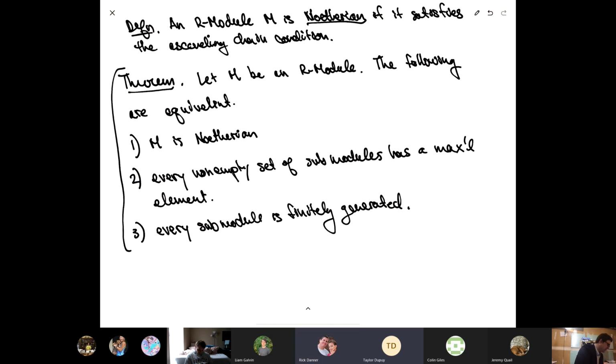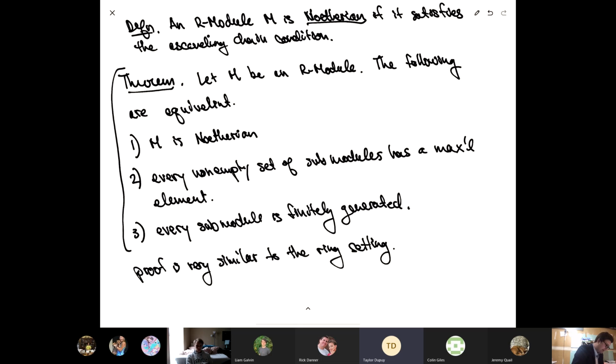The proof is pretty much exactly the same as in the ring case for ideals. So the proof is very similar to the proof for ideals in the ring setting, where you need the axiom of choice.